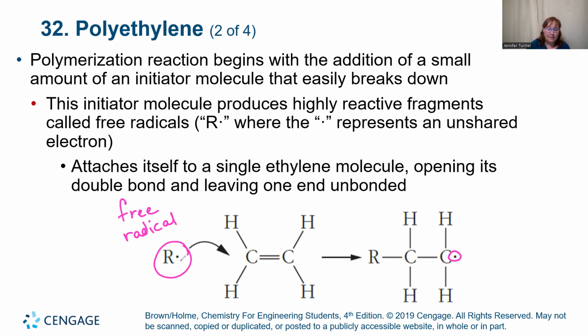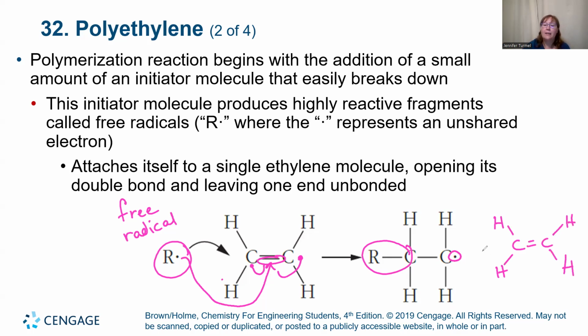So what happens is that this R attacks in here and takes out the double bond. One of the electrons from this double bond comes here to pair with the R, and the other one comes out here, and you see it here. Now this is a radical, and it can attack another ethylene molecule like this.